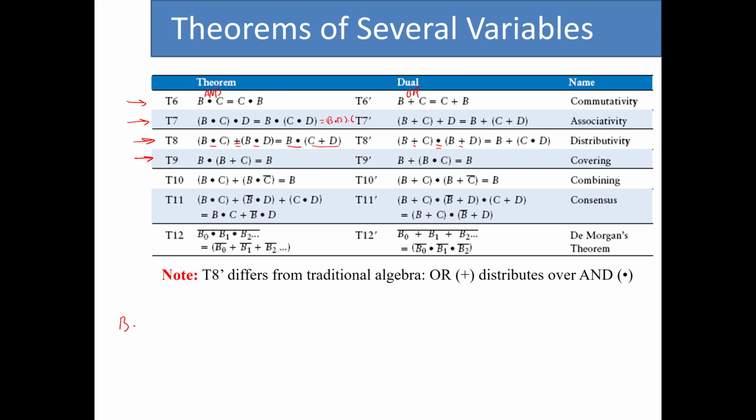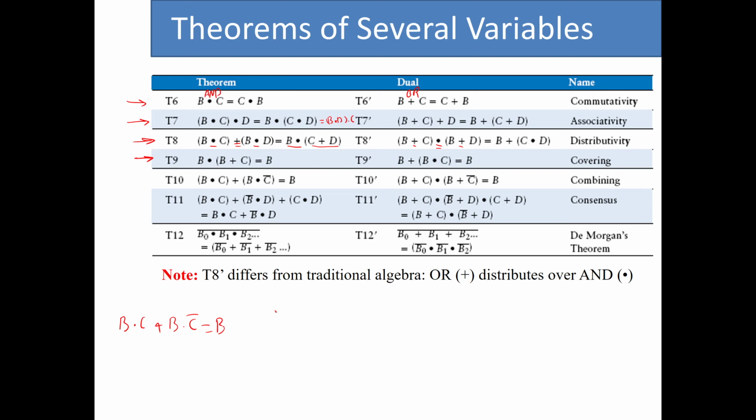So here we have B and C plus B and C bar equals B. One thing that you might notice here is that for us to prove this, we don't necessarily need to do perfect induction. The answer is much simpler, right?